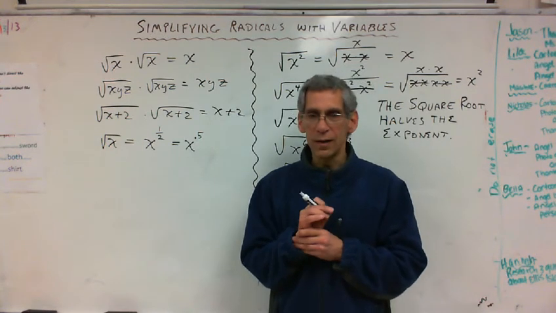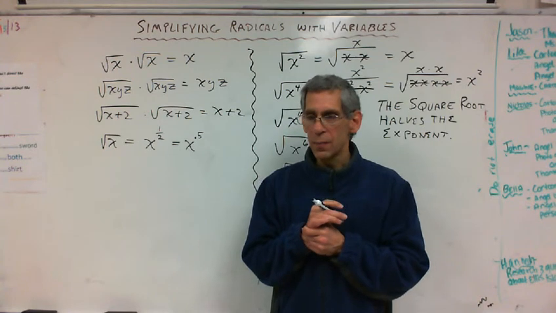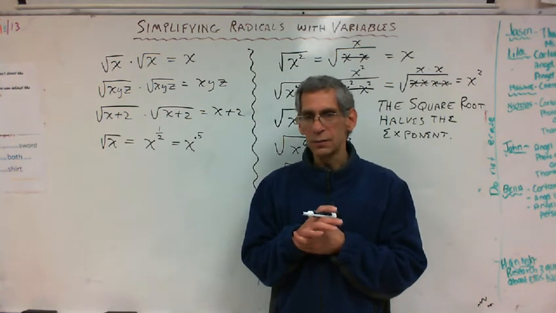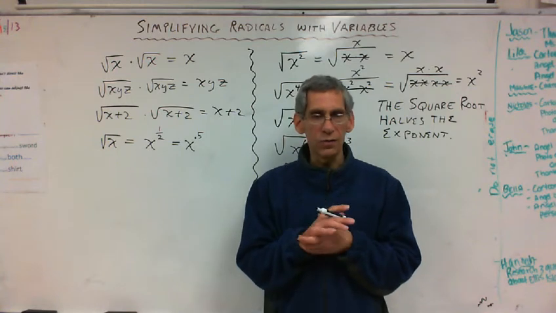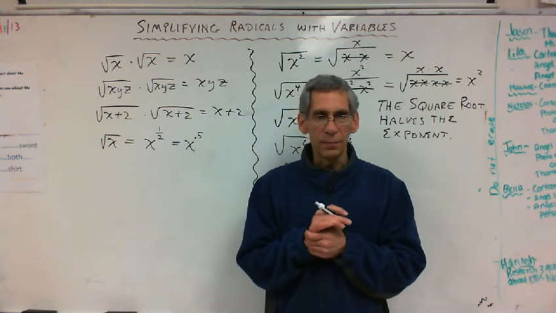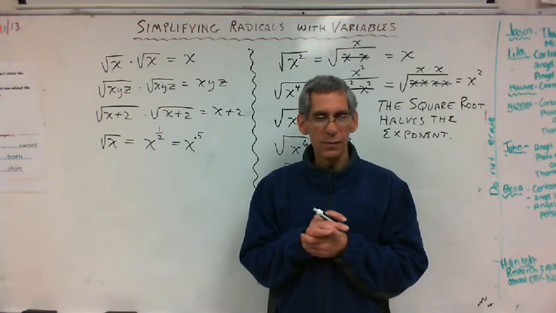X to the 40th. Okay, Liam, square root of x to the 60th. X to the 30. Okay, Nathan, square root of x to the 6,000.